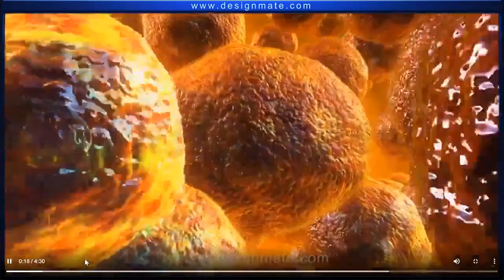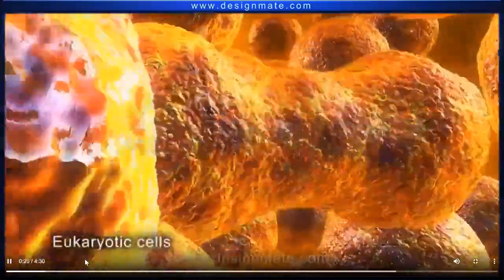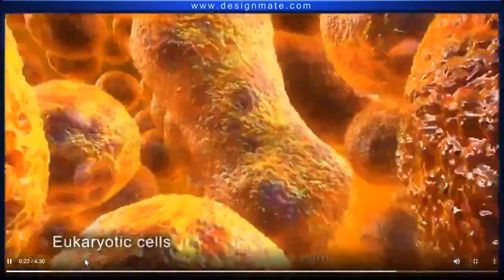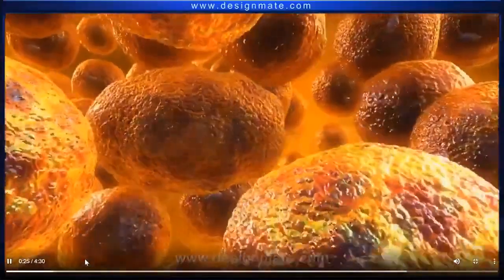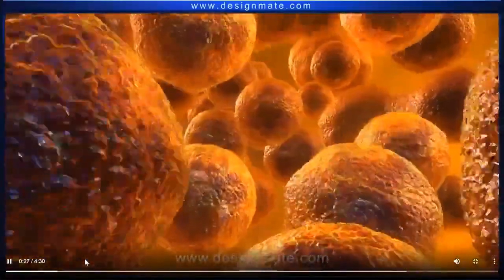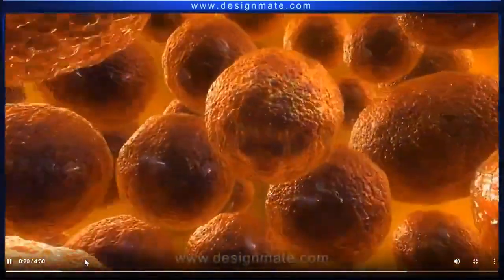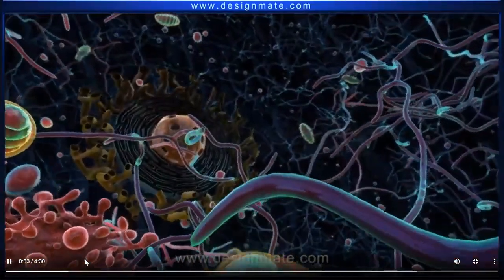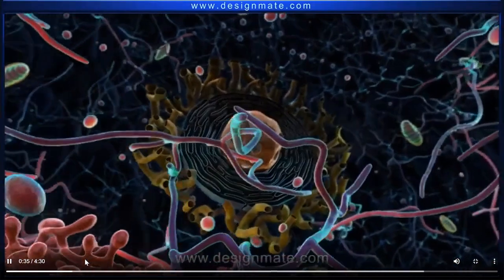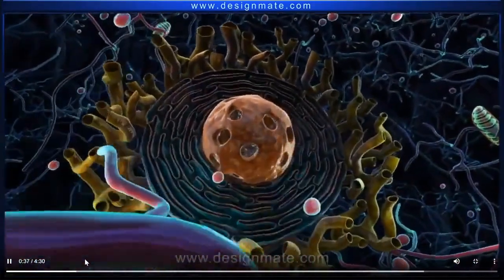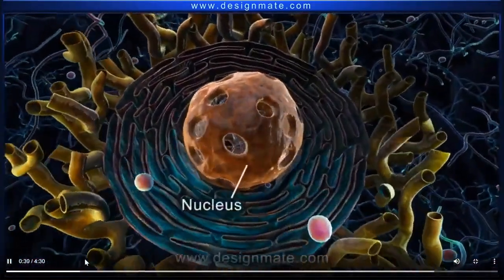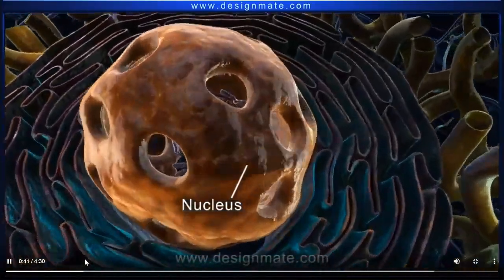In our body, there are many eukaryotic cells. These cells are in a state of continuous division. Now, when we move inside a cell which is about to divide, we can see the nucleus and other cell organelles.